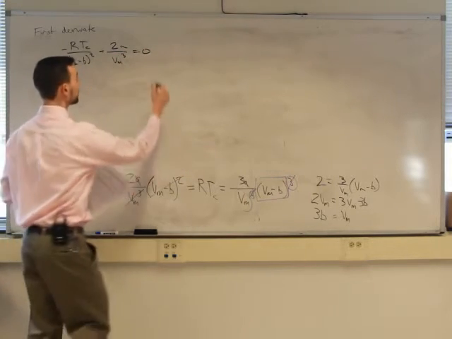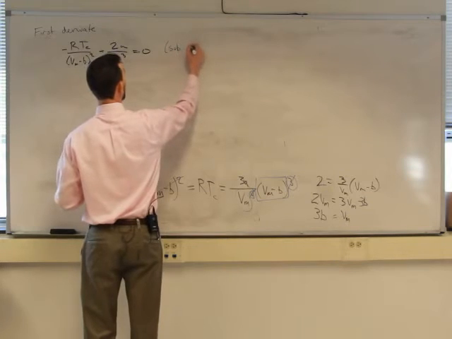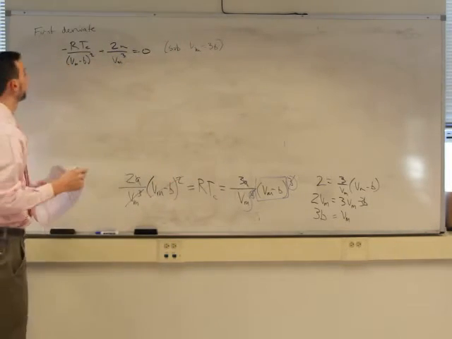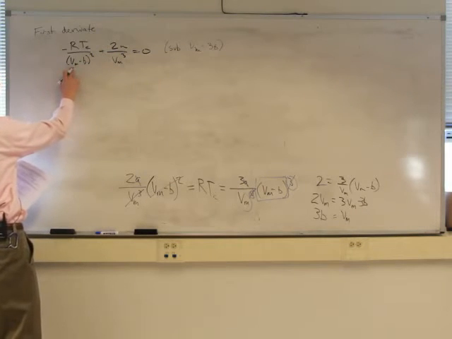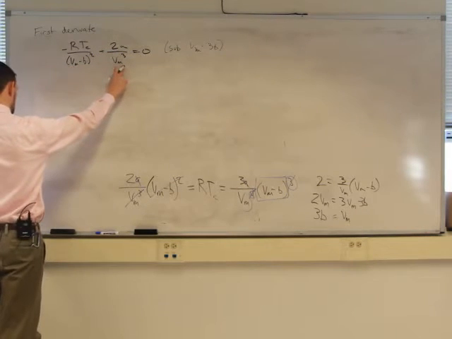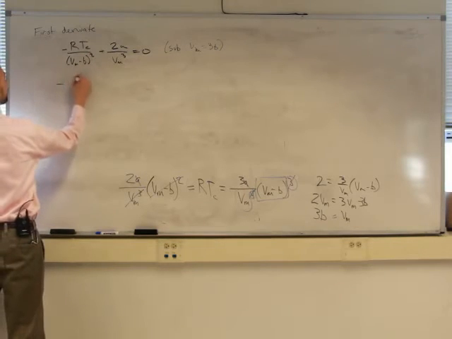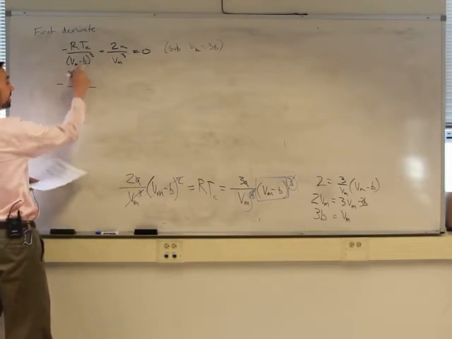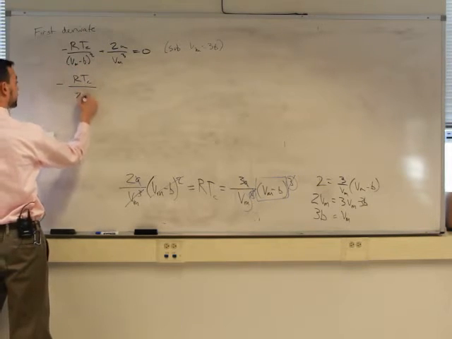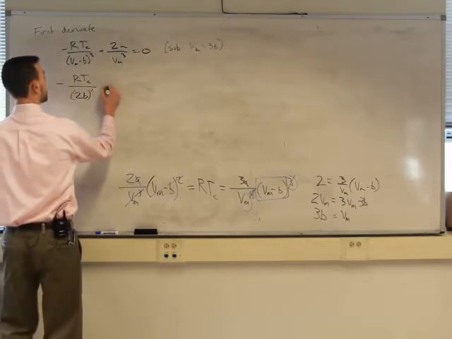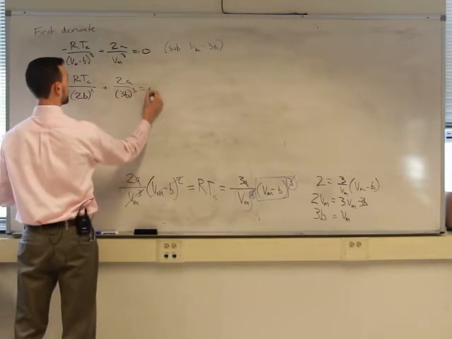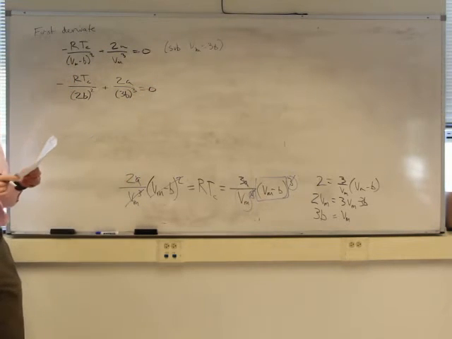I can now substitute that Vm equals 3b. And so I'll substitute that here, and my equation becomes negative RTc over, this would be 3b minus b, so 2b, which would be squared then, plus 2a over 3b, which is cubed. That's going to equal 0.